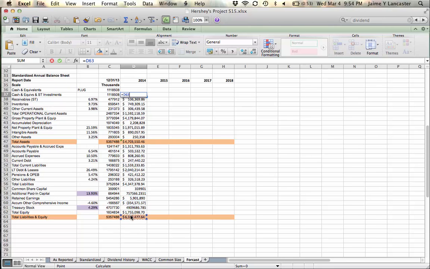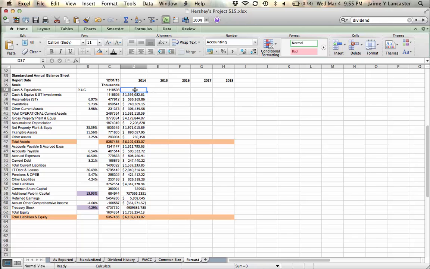Total liabilities and equity minus all categories of assets that aren't cash. So we can subtract the operational current assets, we can subtract net plant, property, and equipment, we can subtract intangibles, and we can subtract other. And if we enter that formula, these two things should balance.